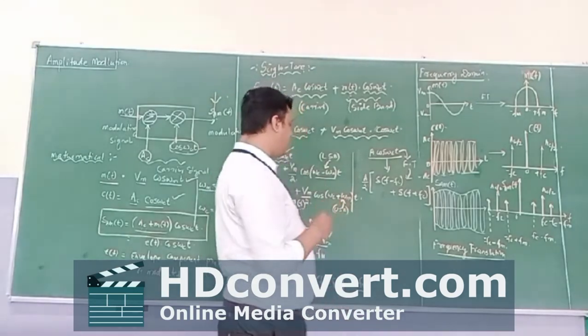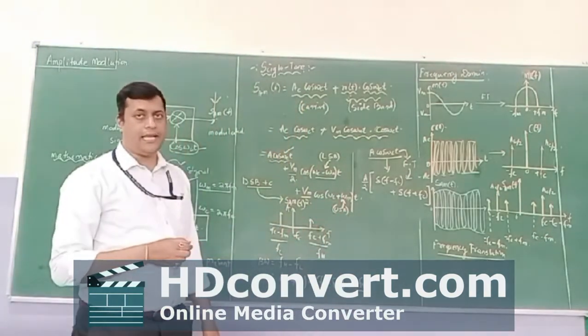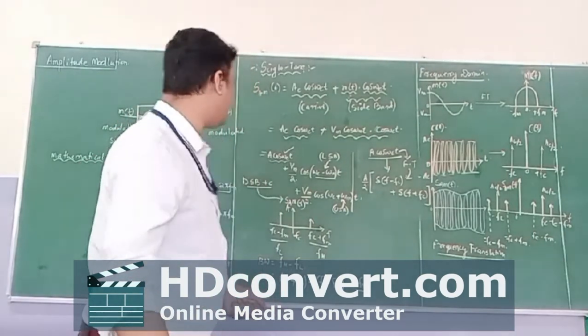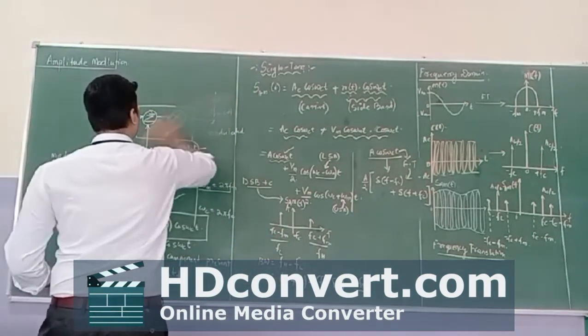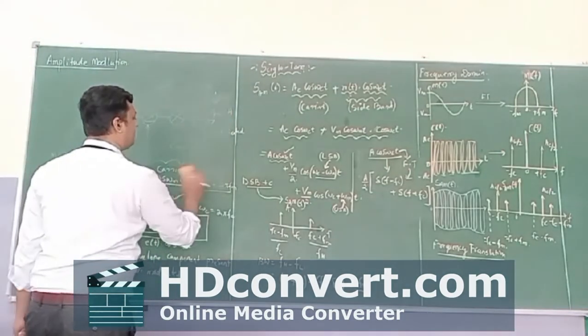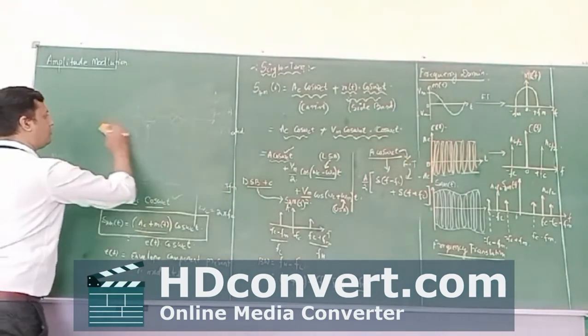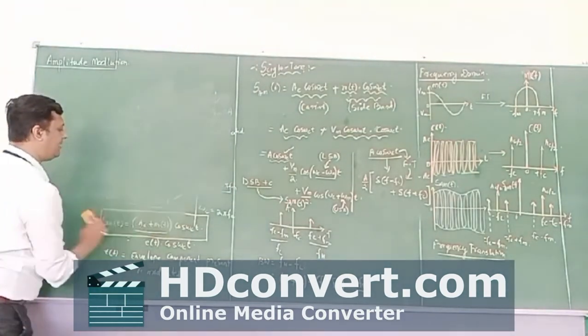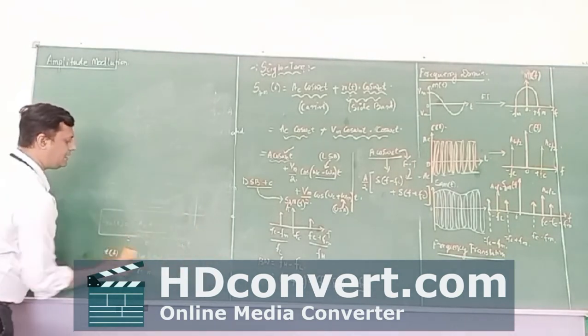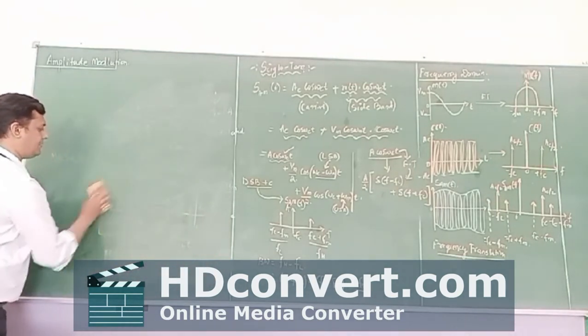Now, what we have learned, we will start one by one with the bandwidth of the modulating signal. That bandwidth plays a vital role, and with the help of that bandwidth, we are going to identify each and every relation.